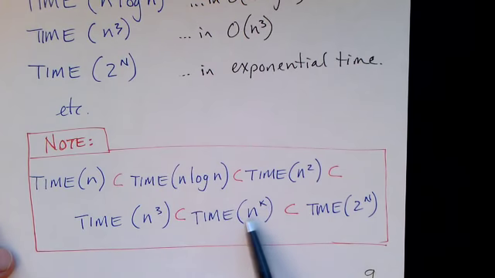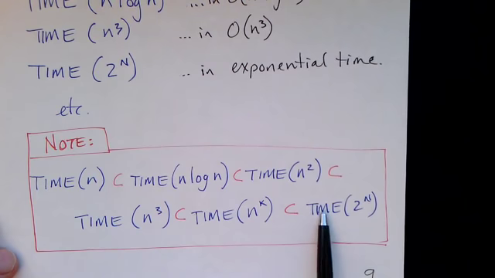N to the k stands for all problems that are polynomial, so whatever the exponent. This is the set of all polynomially solvable problems, all algorithms that run in polynomial time. And then we have the exponential time up here. And there are some algorithms that apparently run only in exponential time, and that cannot be done in polynomial time. I said apparently. I'll get back to that in subsequent videos.